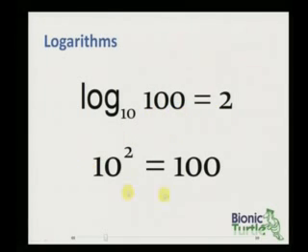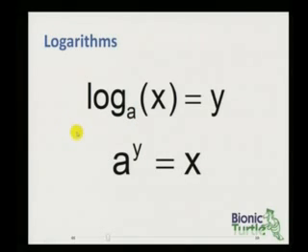See how this exponential function, which is the inverse, is really just a restatement of this logarithmic function. So that generically we can say log base a of x is equal to y because it's true that a raised to the y power is equal to x.